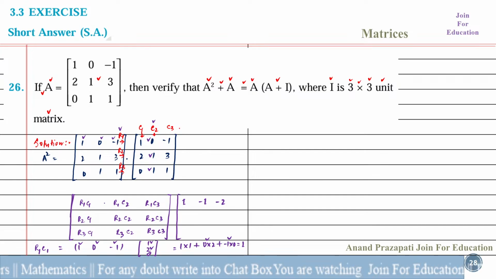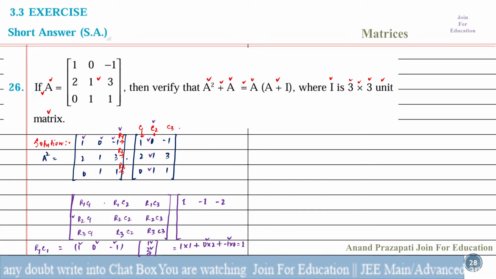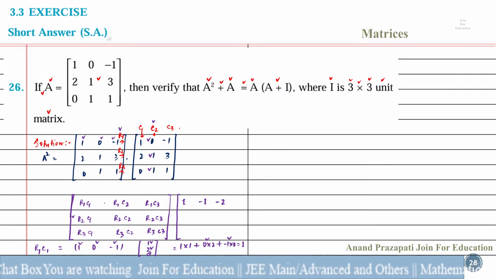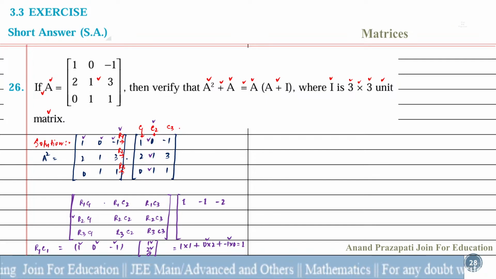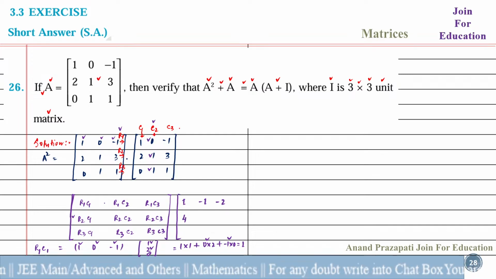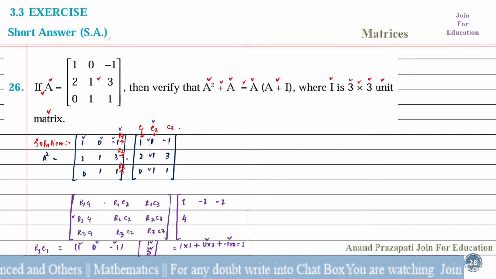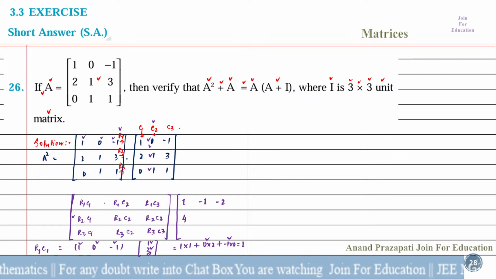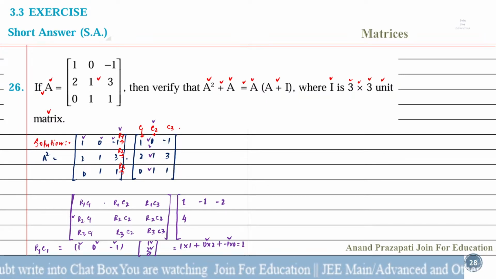Similarly, we find out R2 C1: 2 into 1 equal to 2, 1 into 2 equal to 2, and 3 into 0 equal to 0. So here will be 4. R2 C2, it means that 2 into 0 equal to 0, 1 into 1 equal to 1, and 3 into 1 equal to 3. So 1 plus 3 equal to 4.